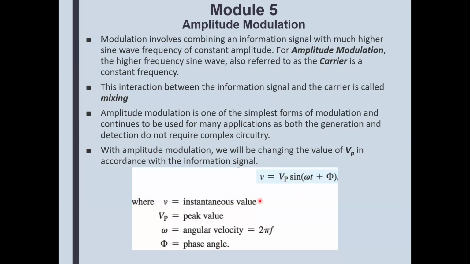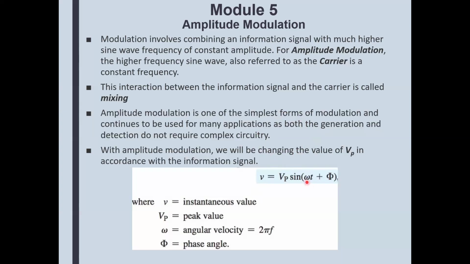And the instantaneous value, and it's just some math here. The instantaneous value at any given point, here's the sine wave formula: the peak voltage times the sine of the angular velocity times time. With time, we're going to find ourselves at a certain point of a circle. If we stop at a certain point, that's the one that we want to use.